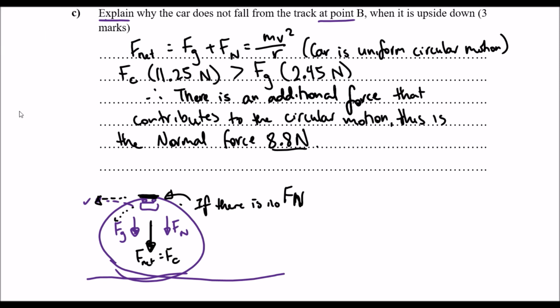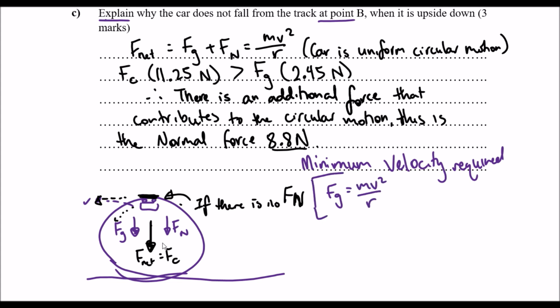If, for example, we want to know what the minimum velocity would be in order to maintain this circular motion, so minimum velocity required, then we can do Fg is mv squared over r. Like we said, we are equating this equation because we're saying if there is no contact, then there is no normal force.